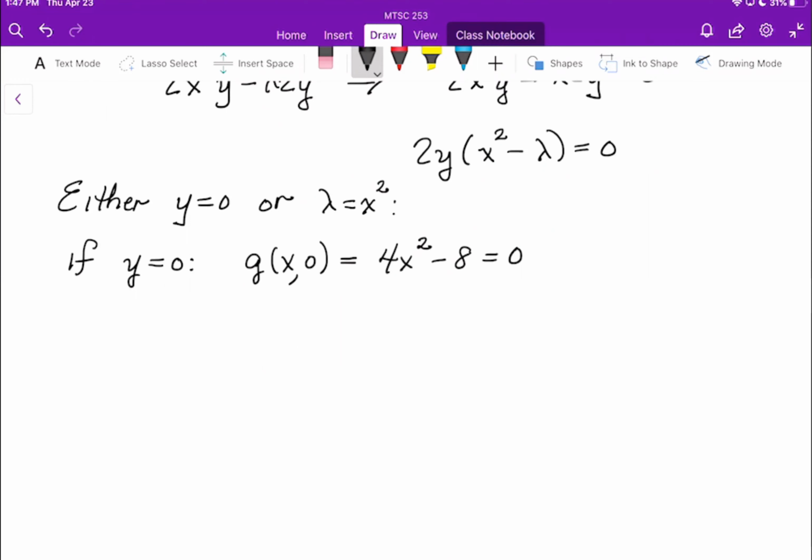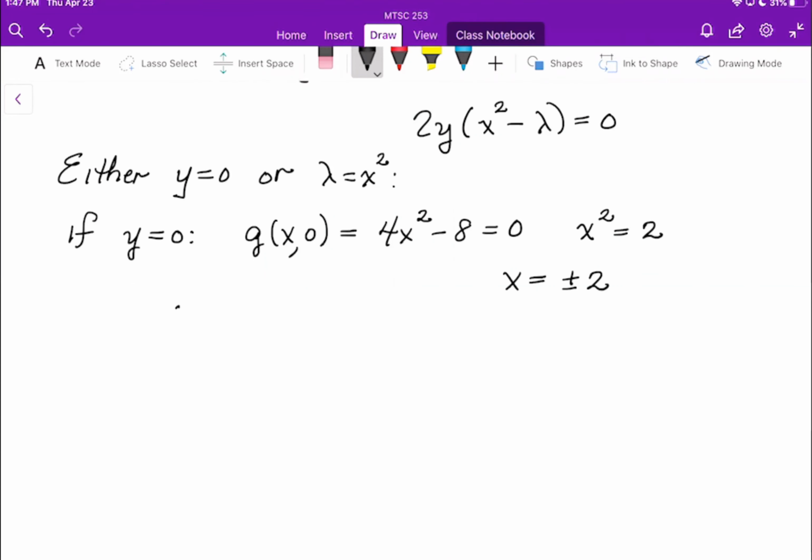And so I get x squared is equal to 2. So x is equal to plus or minus square root of 2. So I get the points plus or minus square root of 2 and 0.